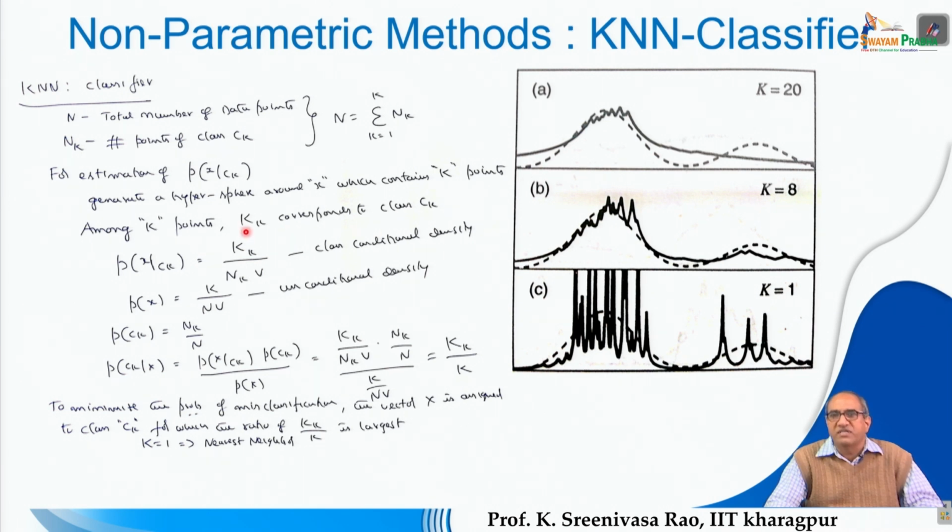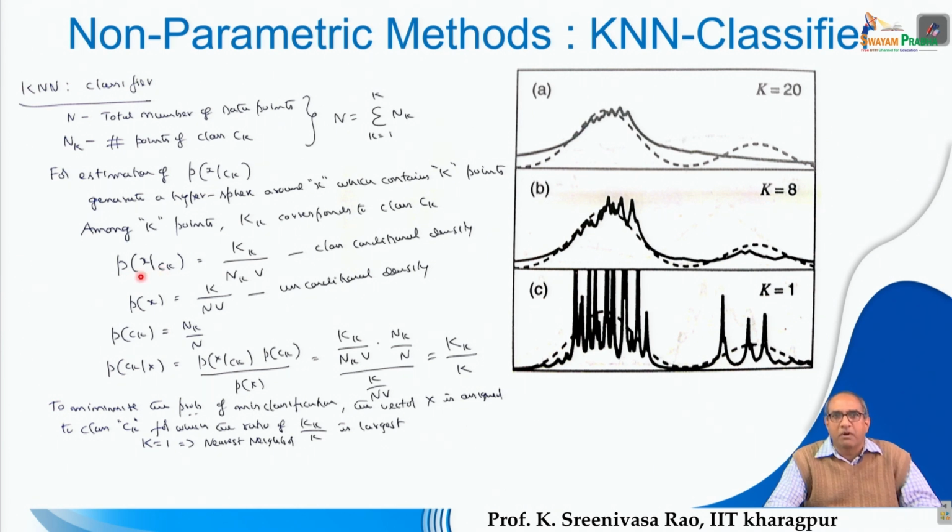The total number of points is k, out of which Kk points correspond to class ck. By knowing that, we can estimate probability of x given ck.